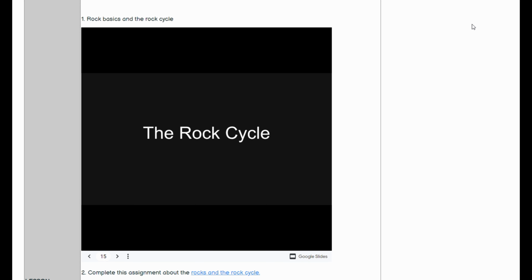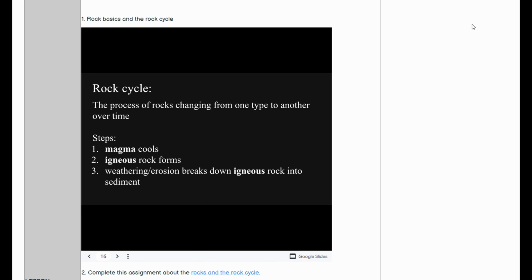So with the rock cycle, you already did a little bit about this in the previous lesson. We're going to get a little bit more detailed into it. And the very last slide is going to be one that you're going to need to copy down, and you're just going to add it to your previous version of the rock cycle that you've already drawn. So, first of all, it is a process of changing from one type of rock to another over time.